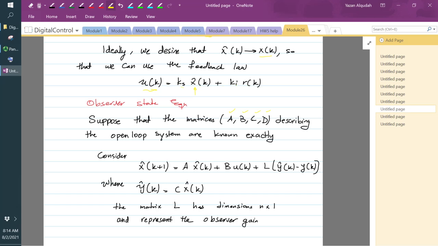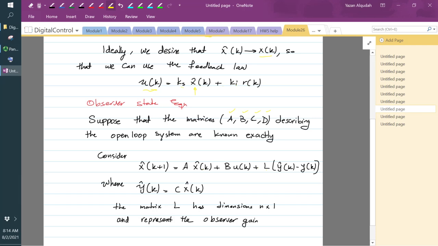Now we're going to consider the estimate of the state. x tilde of k plus 1 is equal to A multiplied by x tilde of k plus B u of k plus L multiplied by y tilde minus y of k.